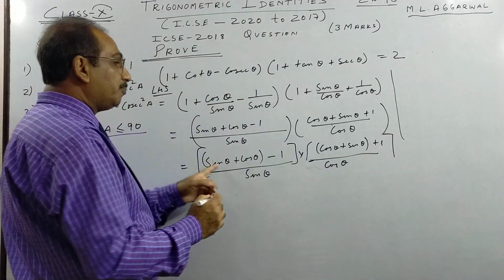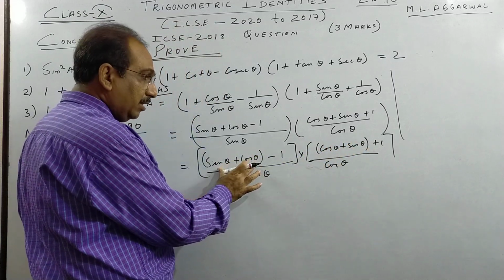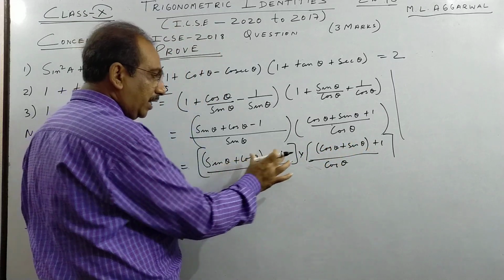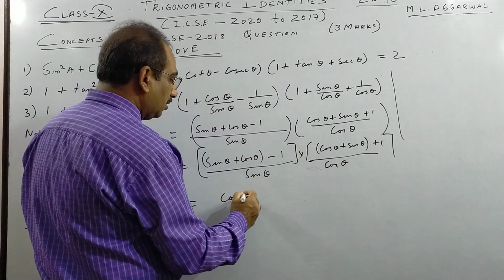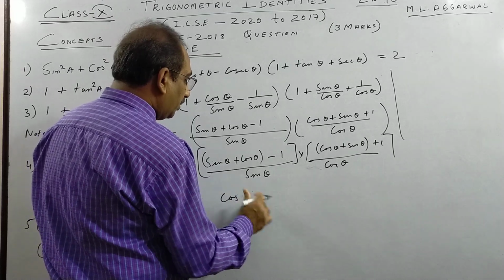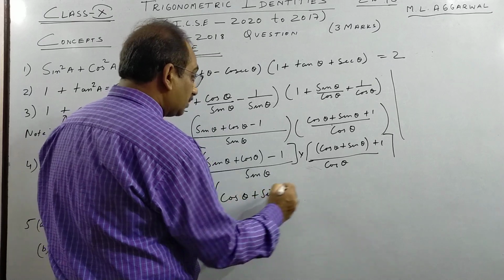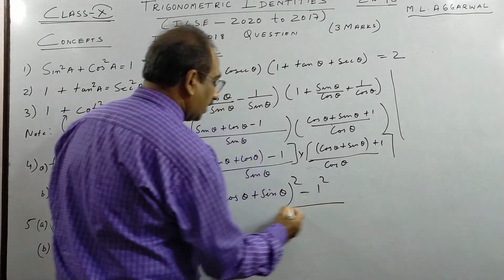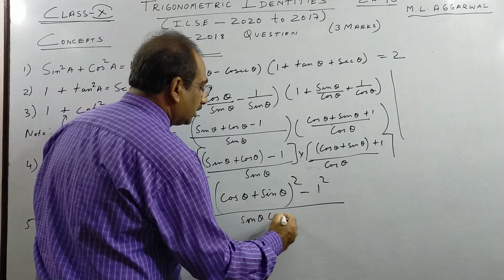Now you see A plus B, A minus B, this full thing is A. So difference of square, A minus B, A plus B, A square, A plus B square, A plus B whole square minus 1 square by sine theta cos theta.